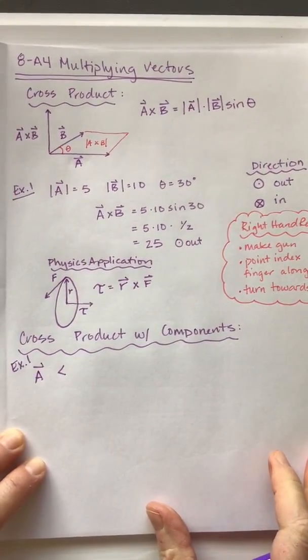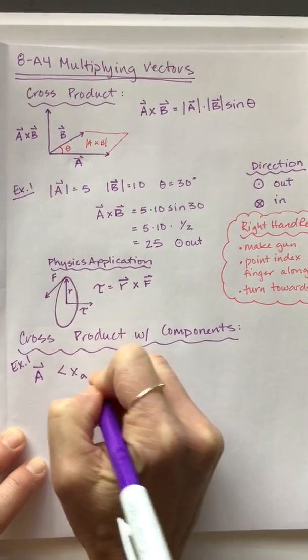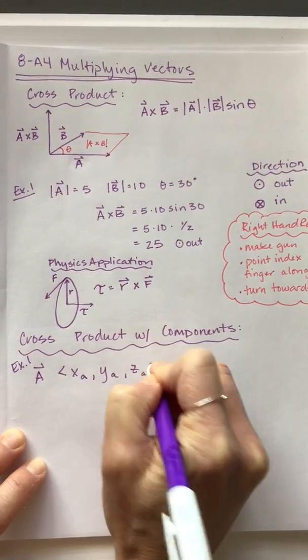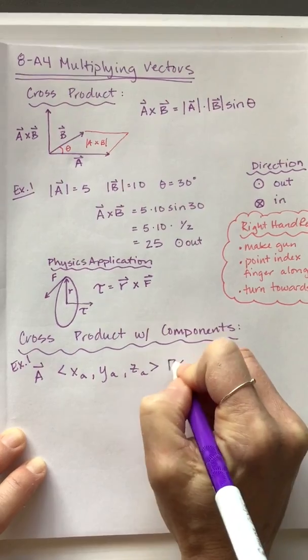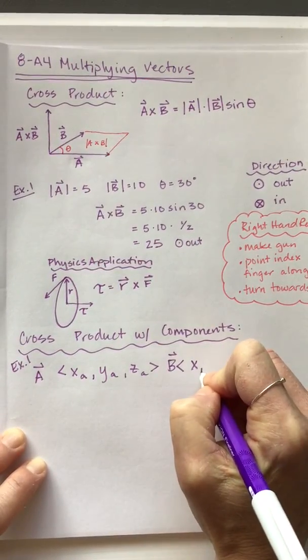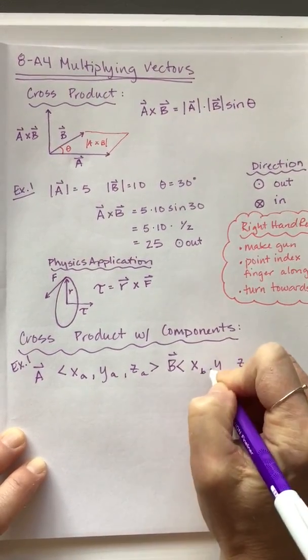No, not quite. There we go. Vector A has components X sub A, Y sub A, and Z sub A, and we're going to cross that with B. And let's say we have X sub B, Y sub B, and Z sub B.